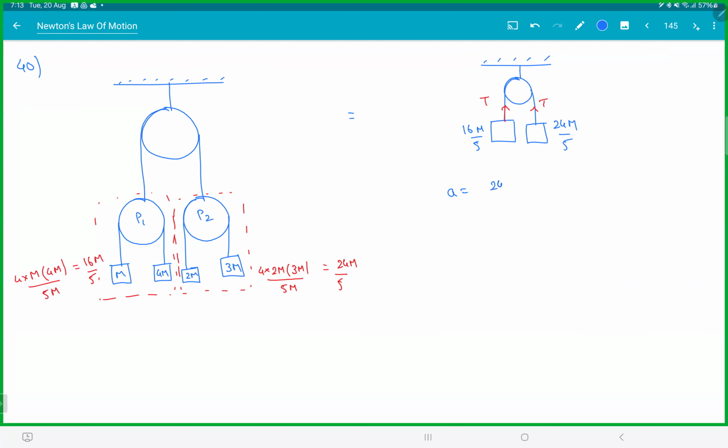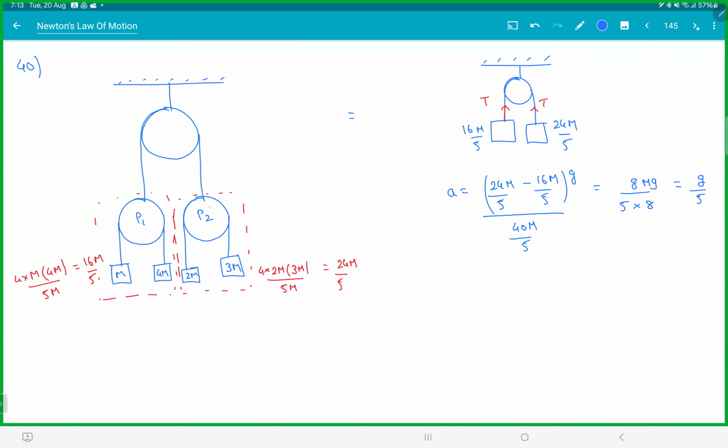So acceleration will be 24m by 5. That would be how much? g by 5. That will be the acceleration.